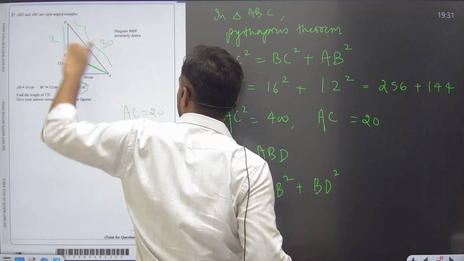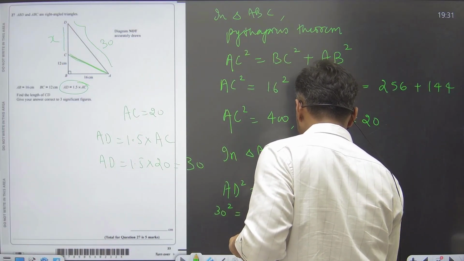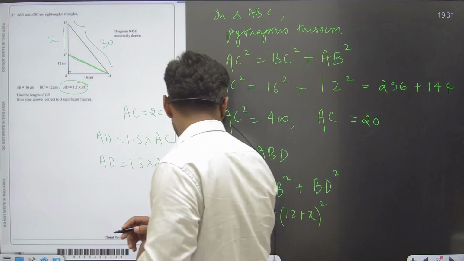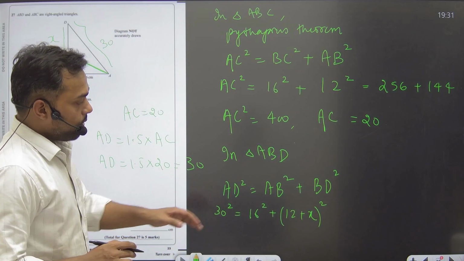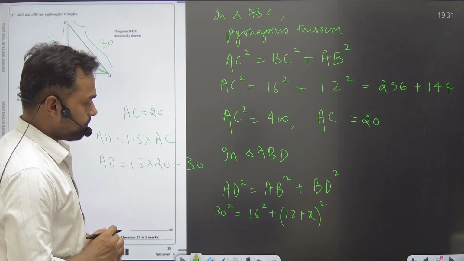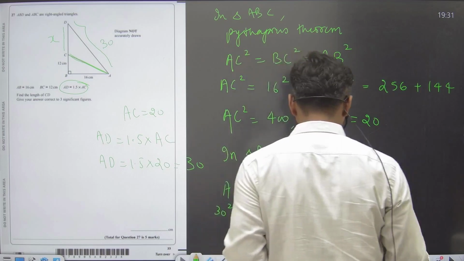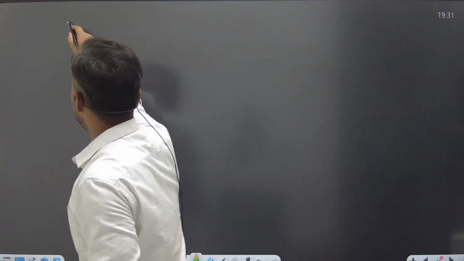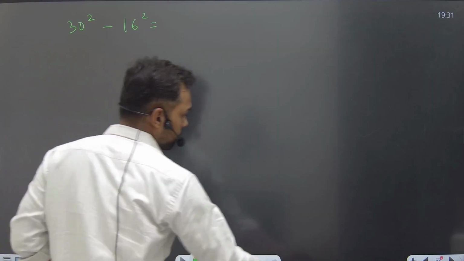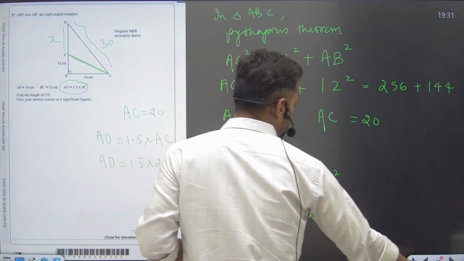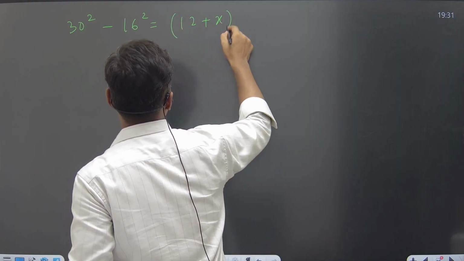BD square could be written as (12 + X) whole square. What we need to do here is transpose 16 square to the left hand side. So it will be 30 square minus 16 square is equal to (12 + X) square.